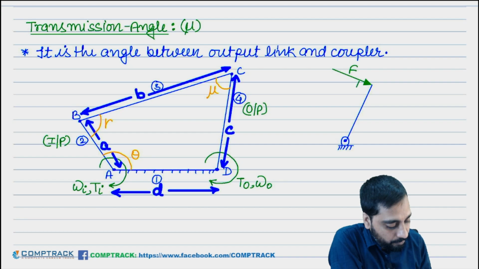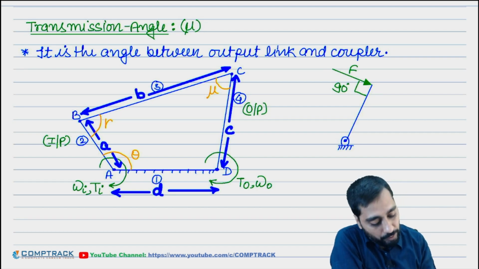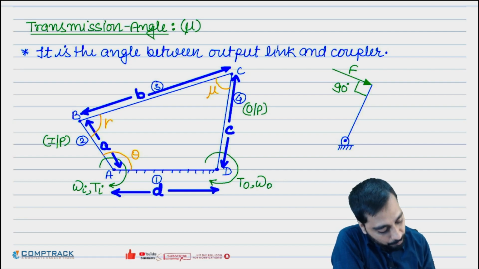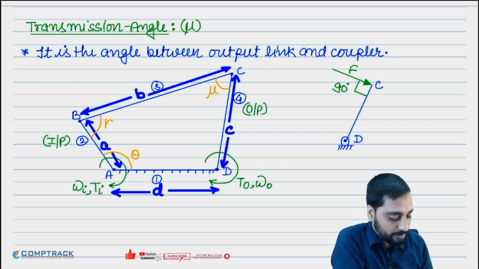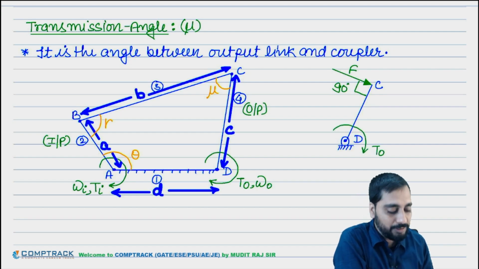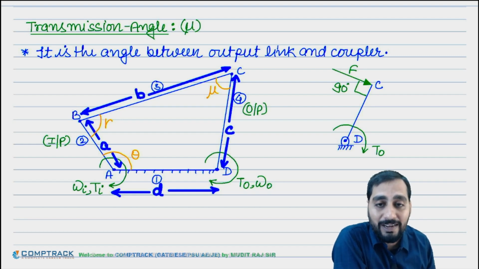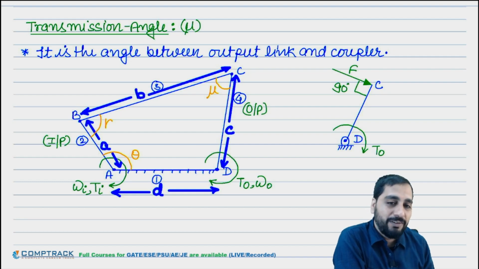Whatever the value of force, maximum torque will be obtained only when this angle is equal to 90. If I am talking about our output link, we want maximum output, so we should get maximum torque, and F should be acting at 90 degrees. But this angle will not be constant.